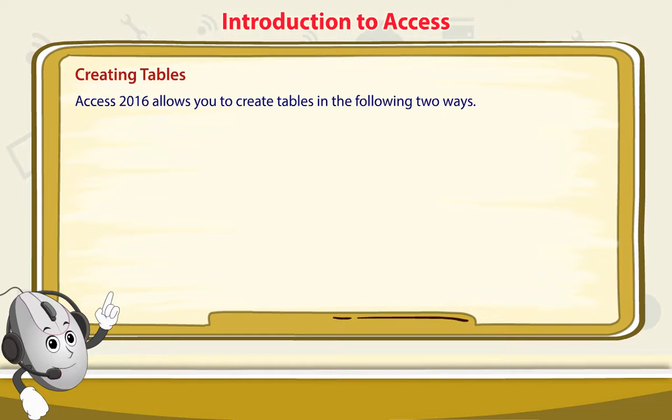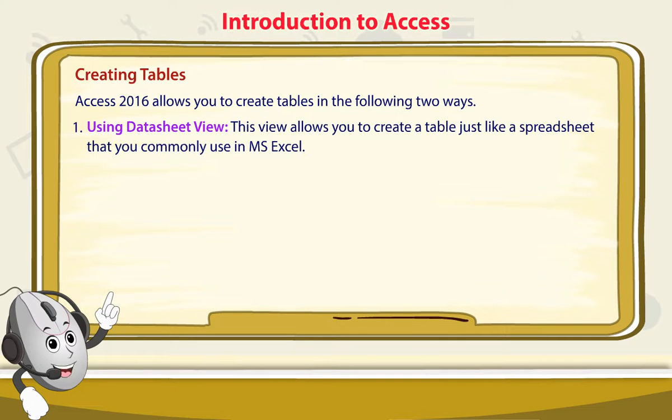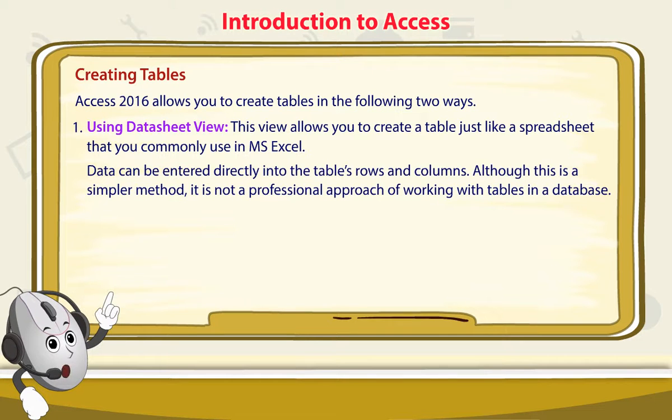Creating tables. Access 2016 allows you to create tables in the following two ways. 1. Using Datasheet view. This view allows you to create a table just like a spreadsheet that you commonly use in MS Excel. Data can be entered directly into the table's rows and columns.